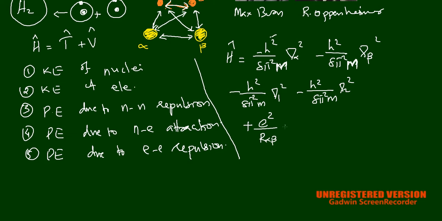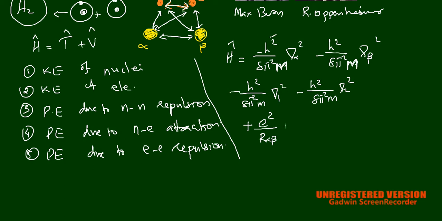Then we have to talk about the attractive potential energy between the nucleus and electron interaction. Okay, nucleus electron interaction. Then we have different nucleus electron interactions. So we have to write all those attractive potential energy terms. Okay, first the interaction between the nucleus alpha and the electron 1.